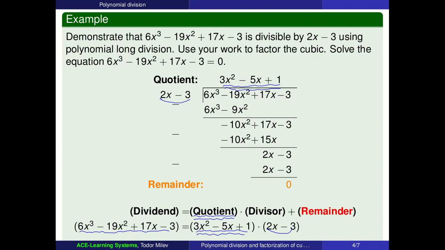Once again, that happens only by the luck of the remainder being 0. So we have in fact factored out our dividend as 3x squared minus 5x plus 1 times 2x minus 3. So we have managed to factor our cubic.